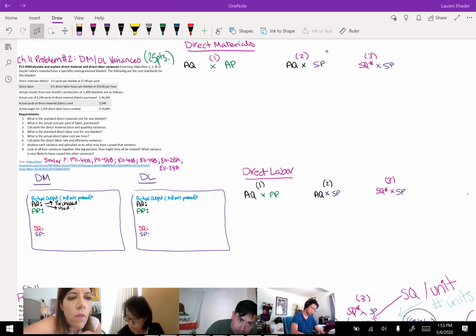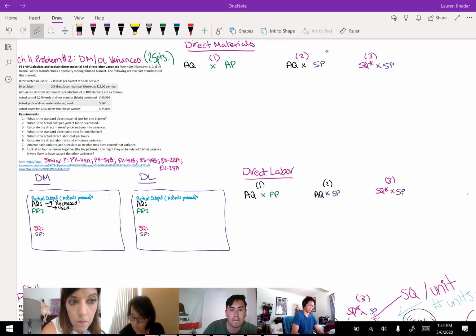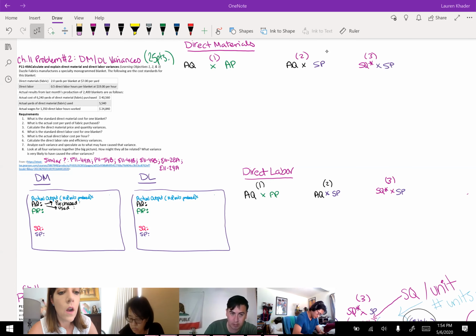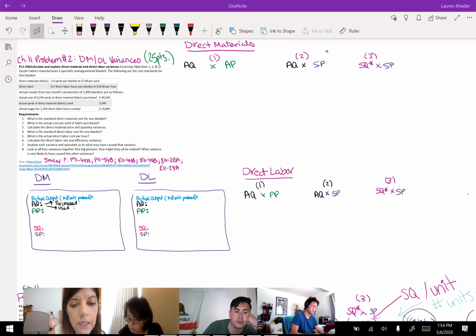Dazzle Fabrics manufactures a specialty monogrammed blanket. The following are the cost standards for the blanket. So direct materials, 2 yards per blanket at $7 per yard. I am going to set up information for direct materials and direct labor because I think it is easier, especially when it's given to you all at once. 2 yards per blanket is what?